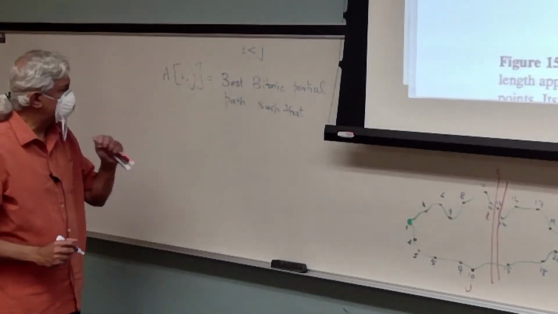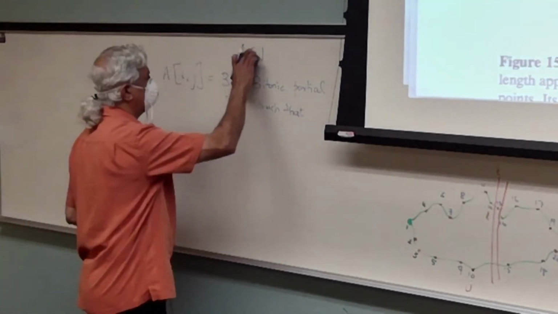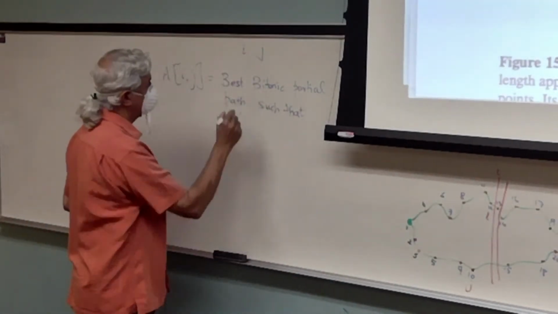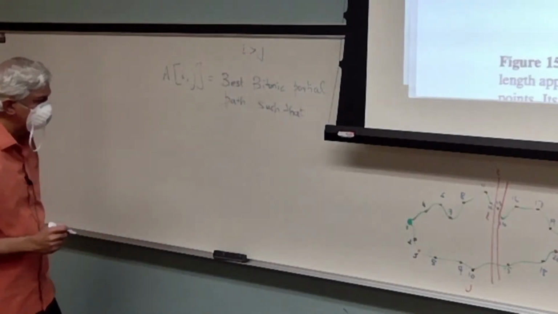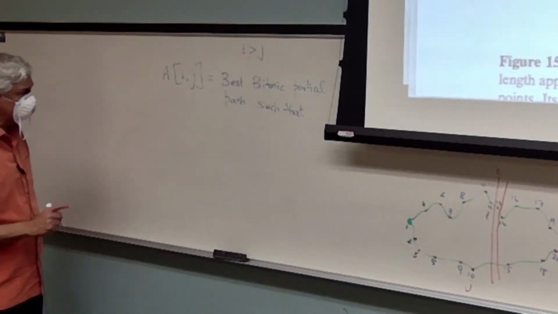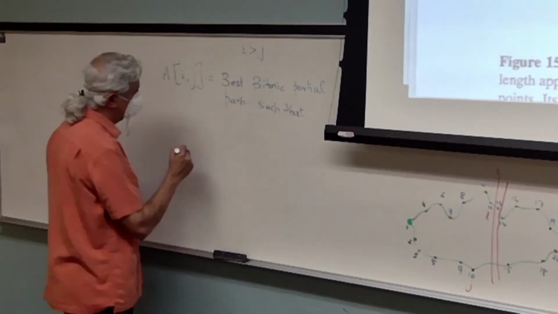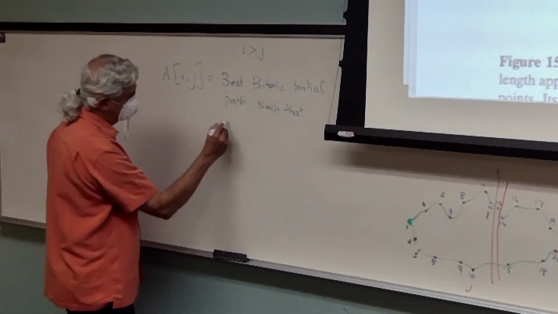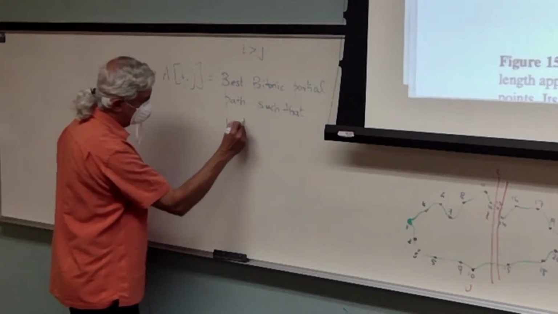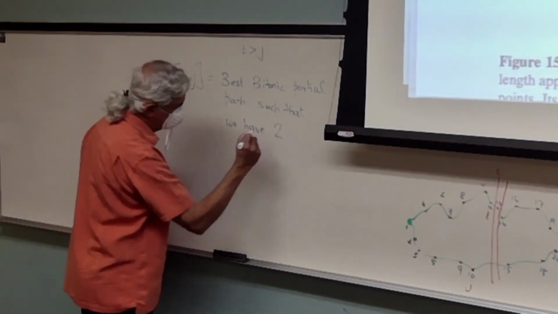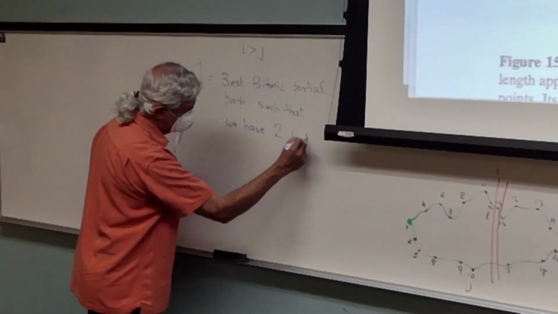Actually, let's make i bigger than j, because we've been talking in terms of i. So i is bigger than j, so it's the best bitonic partial path such that we have two partial paths.